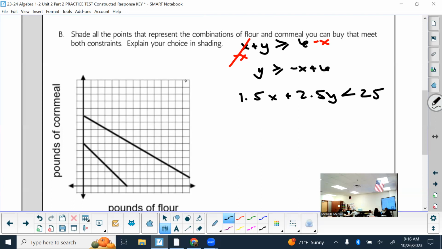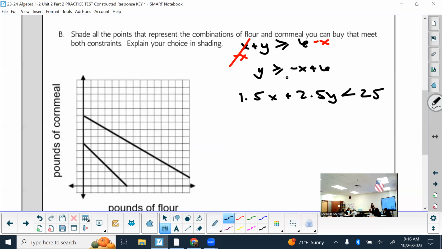So this is the one that has a Y-intercept of 6. So if you look at which line that is, 1, 2, 3, 4, 5, 6, that's this line. Based on the way the symbol is facing, Y greater than or equal to, how should we shade it? Above or below? Above.